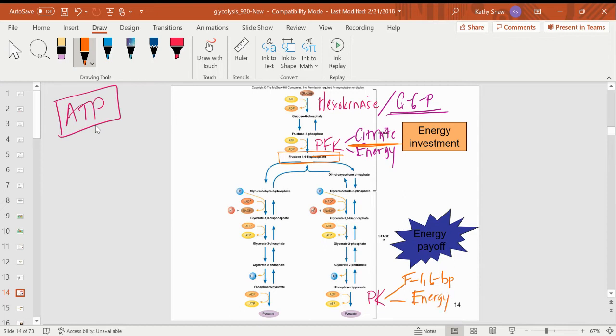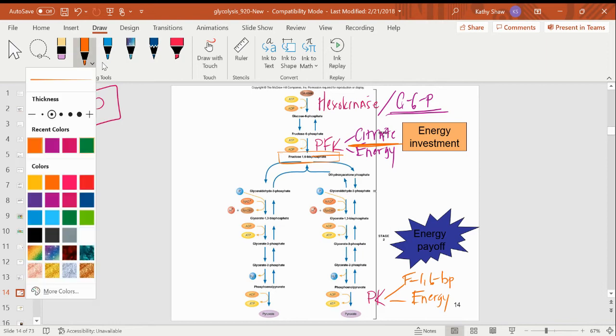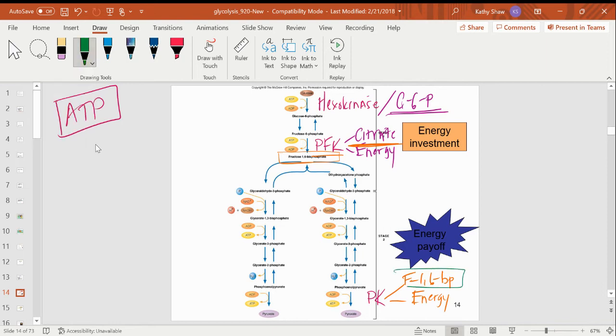Fructose 1,6-bisphosphate is the only activator in this list, but don't memorize that. Reason your way through it, like we've said so many times. If I already have lots of product, glucose 6-phosphate, do I need to make more? No. So shut down hexokinase.